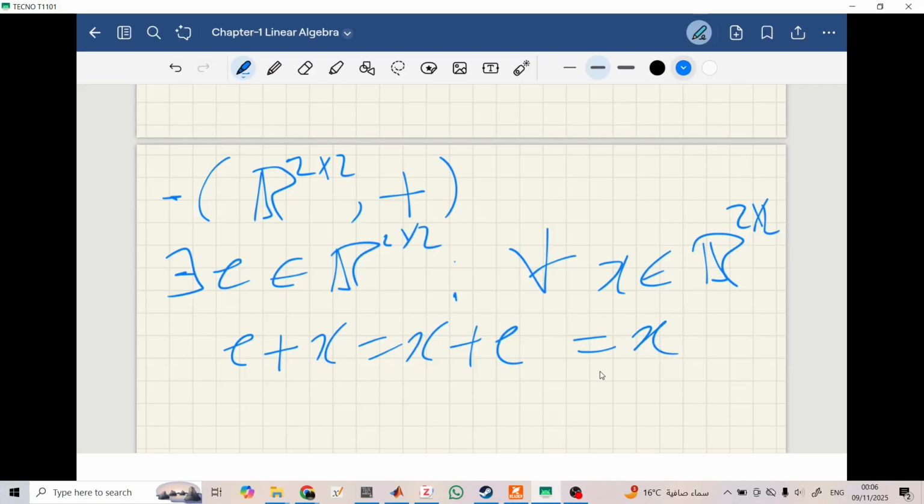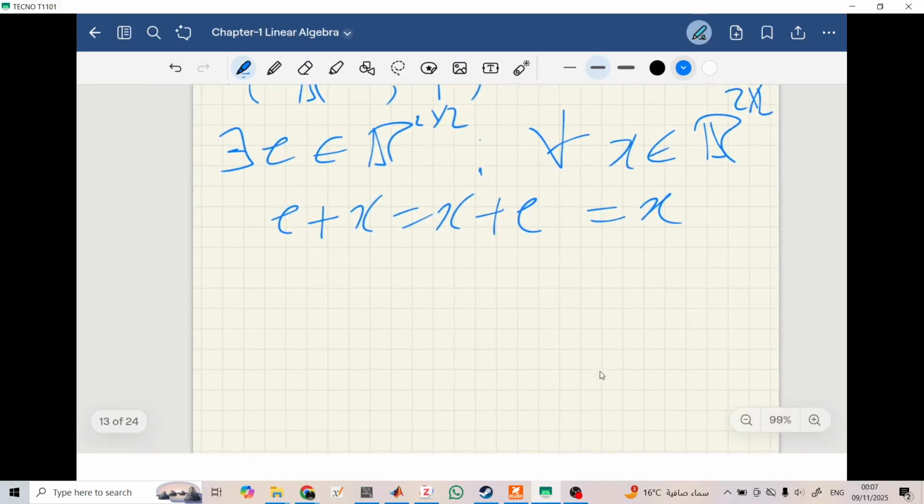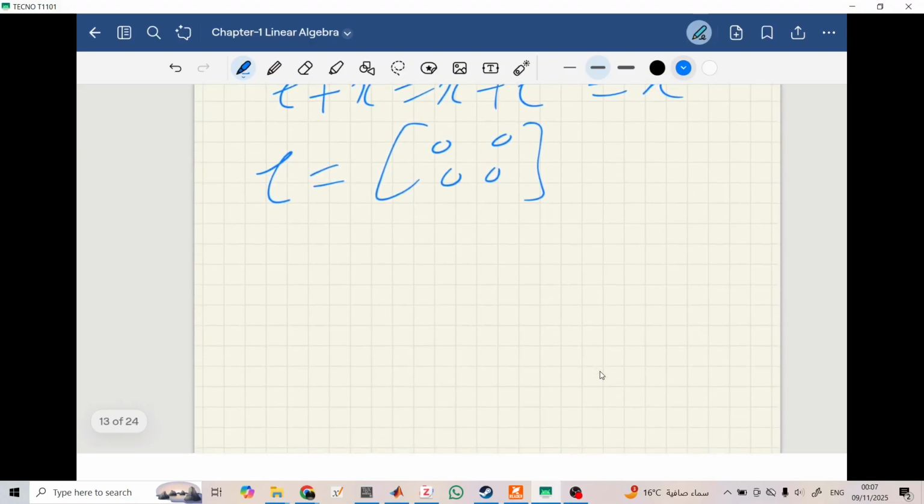So what would be this neutral element? What do you think? It's the all zero matrix, right?